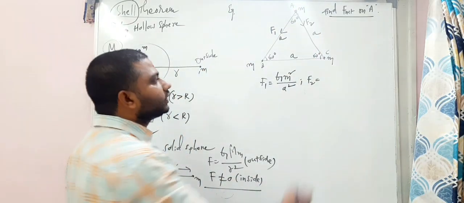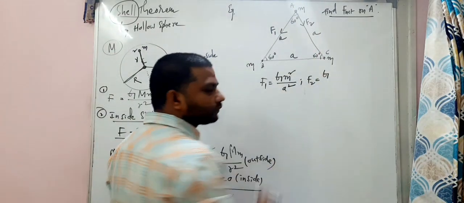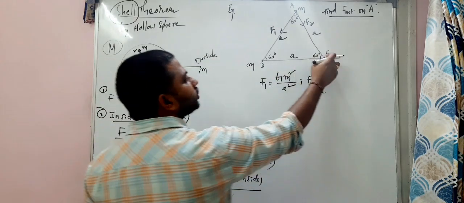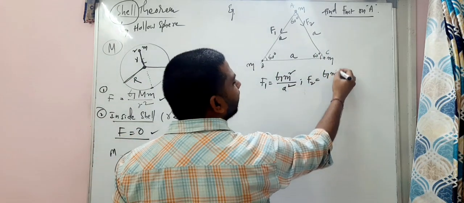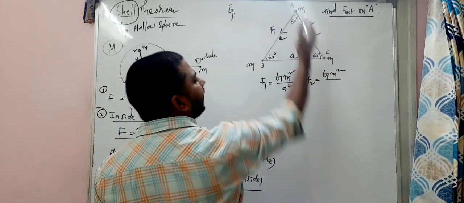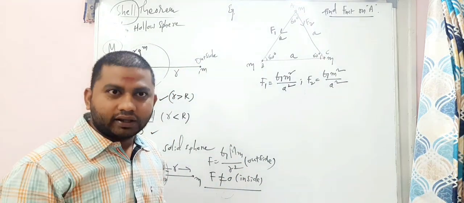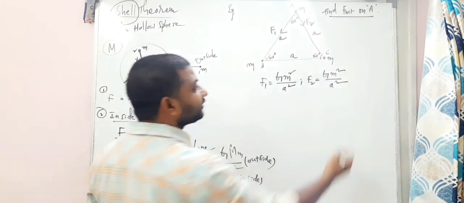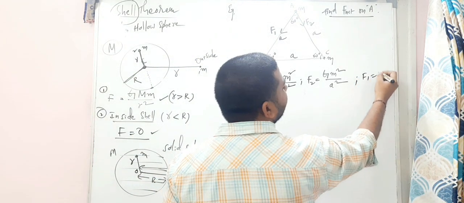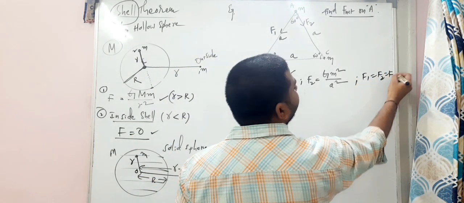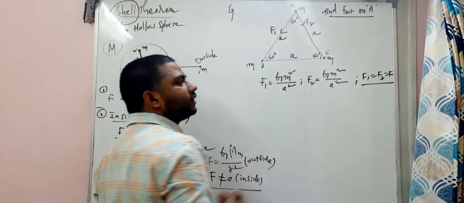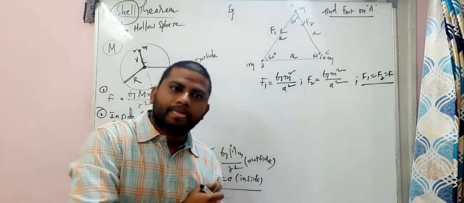So G into M into M, this is M square divided by A square. So F1 and F2 we have got. F1 and F2 are the same. The magnitudes are the same, yes or no? F1 is equal to F2. The magnitudes are the same: G M square by A square.